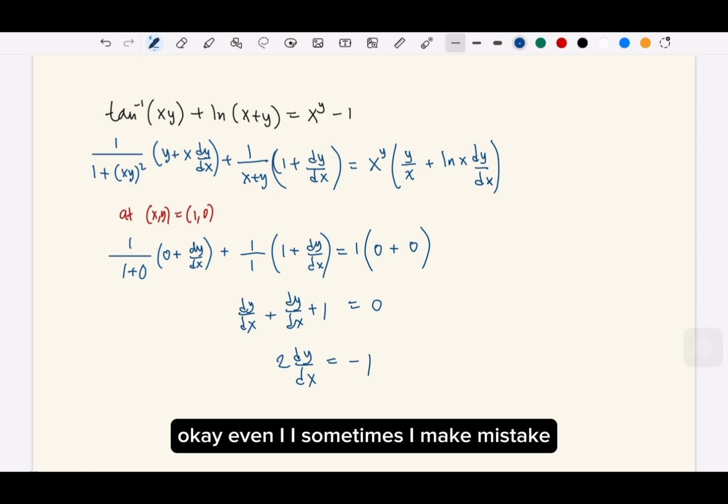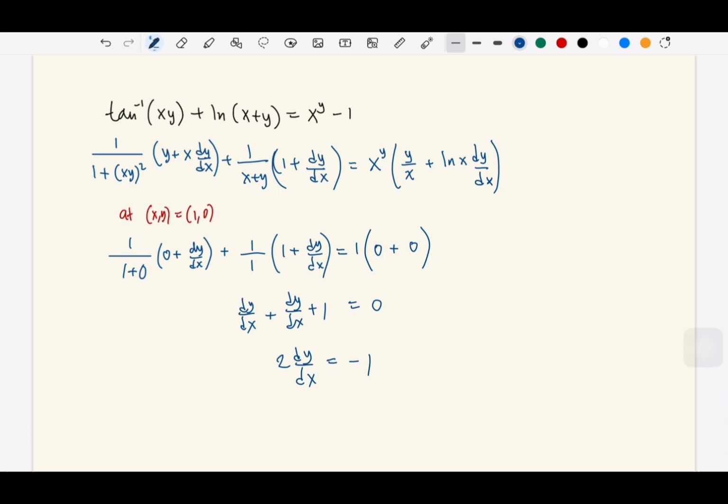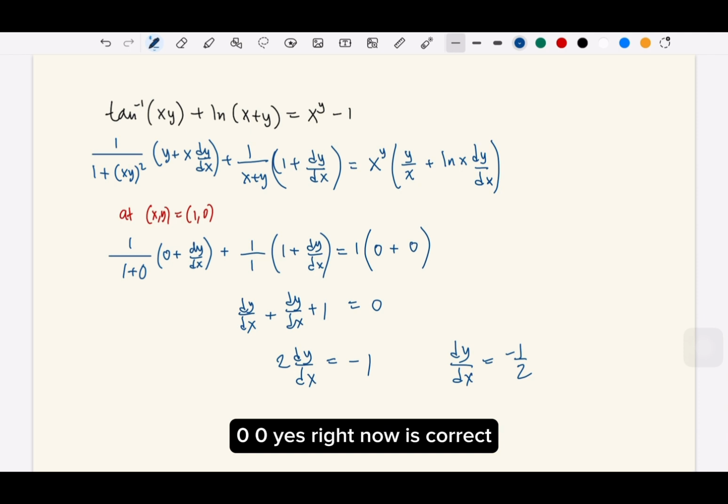Even I sometimes make mistakes. Now it's correct. So this is the slope, right?